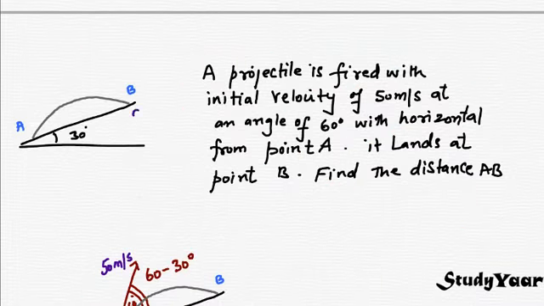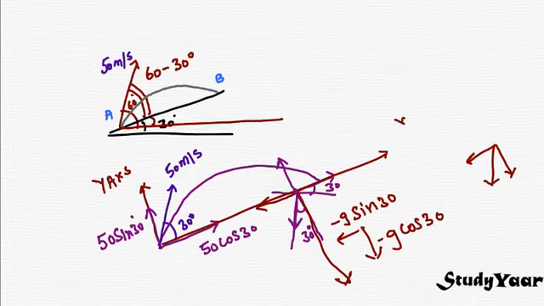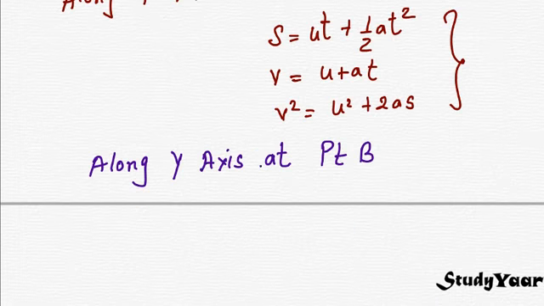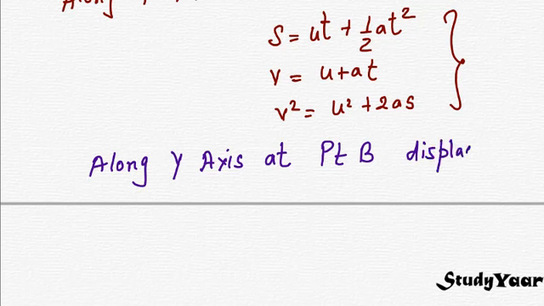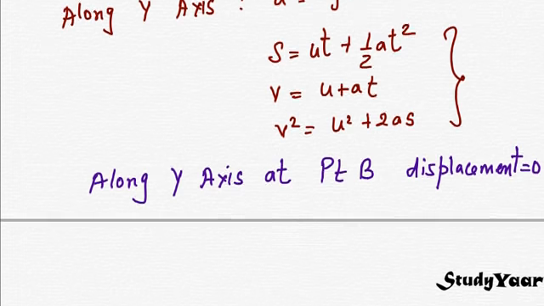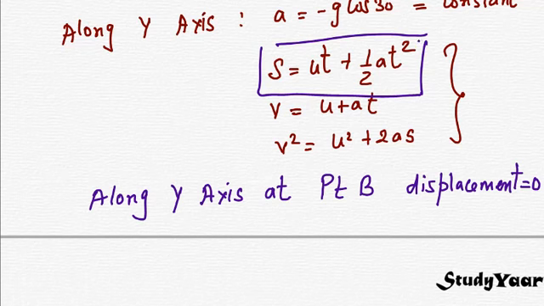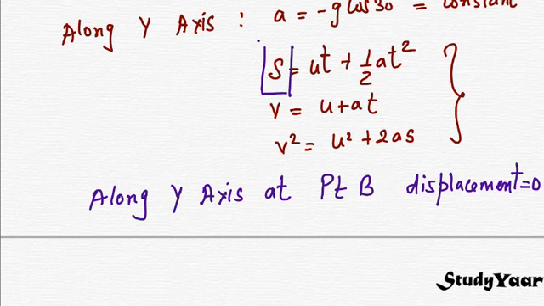Look, this is your point B. Along y-axis at point B, your displacement in y direction is 0. Therefore I am going to use s equals ut plus half at square in y direction and have s, which is my displacement, as 0.